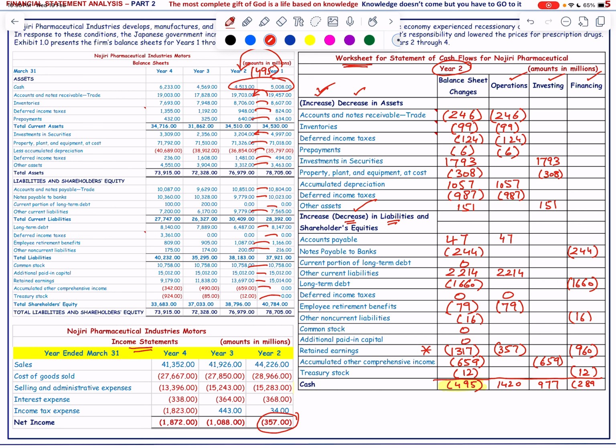And if you are going to add up these values, the total must be equal to 495. If the total is not 495, we have made some mistake in putting these values in operations, investing, or financing. Okay, so this was for the year number 2, and now we move on to year number 3.